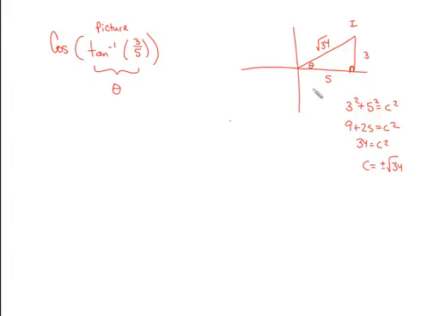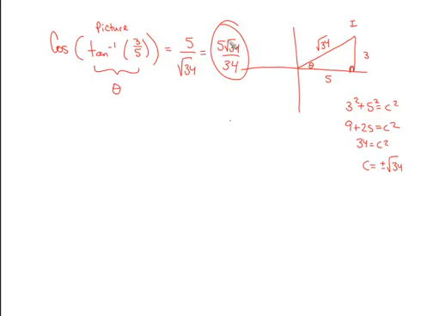So now we have our triangle. This is our theta picture, and what they're asking us to do now is find cosine of theta. Well, now that we have the picture, cosine is just going to be adjacent over hypotenuse, so this is just going to be 5 over the square root of 34, which when you rationalize it becomes 5 radical 34 over 34.